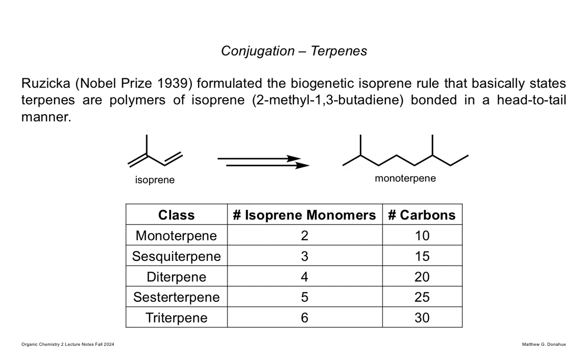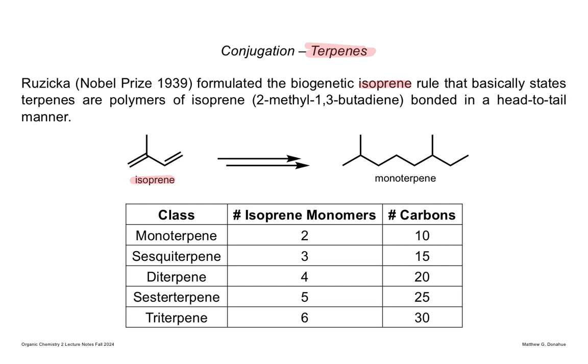And so we'll start off today with terpenes. So Ruzicka won the Chemistry Nobel Prize in 1939 for formulating the biogenetic isoprene rule. So isoprene is this 5-carbon diene shown.